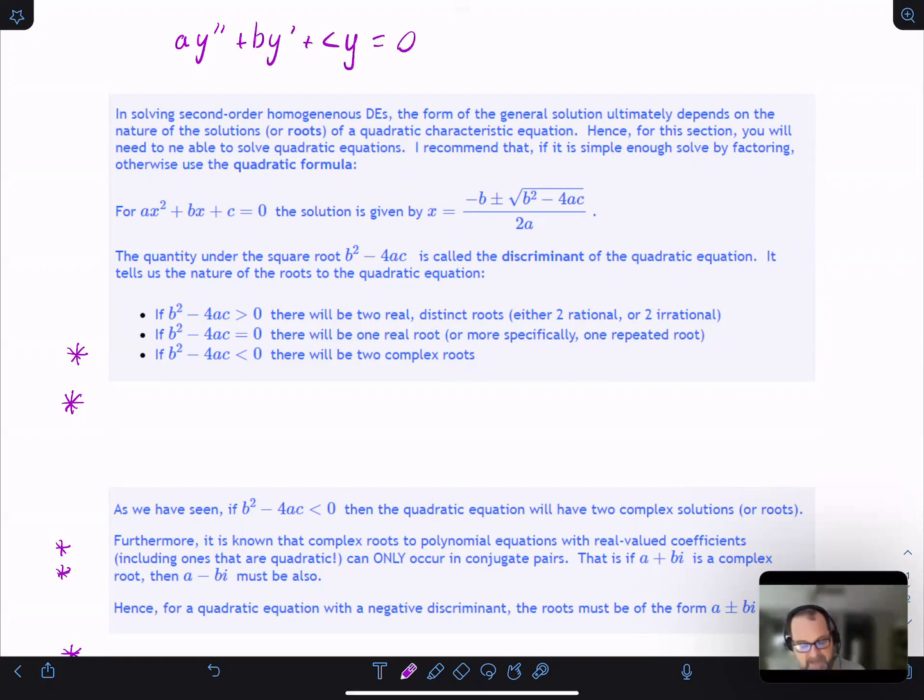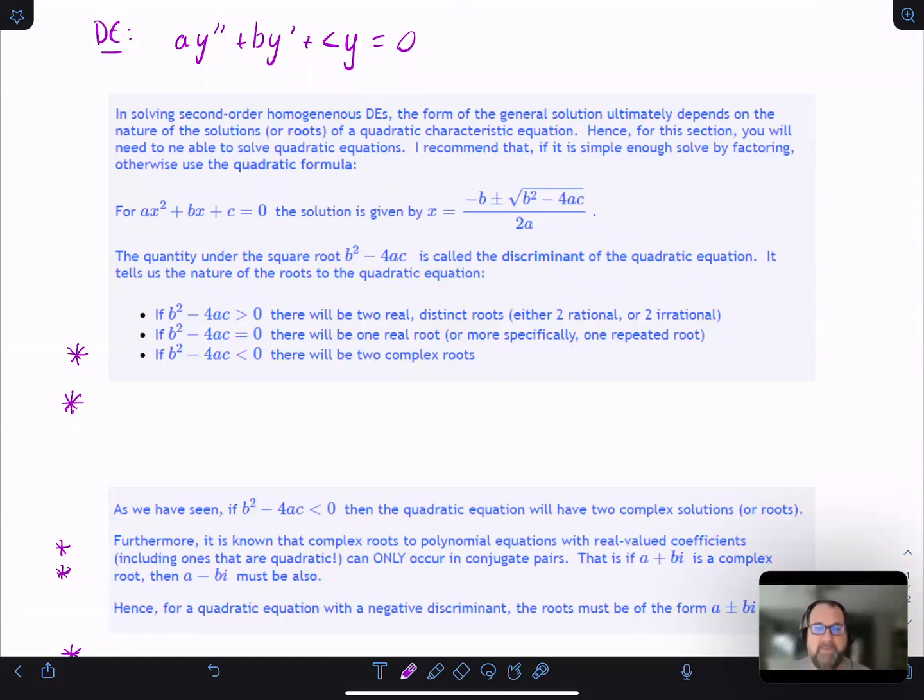When we have a DE of this form, second order homogeneous constant coefficients, it turns out that the roots of the characteristic equation ultimately will tell us everything we need to know in order to solve these DEs, find a general solution for these DEs.